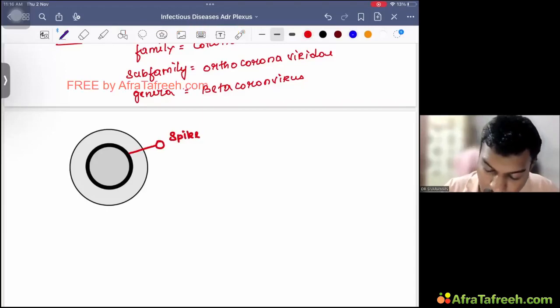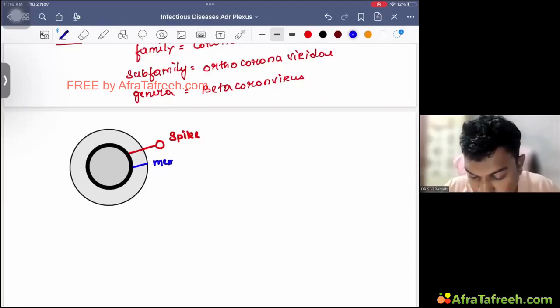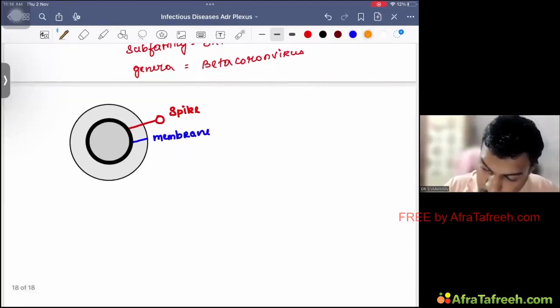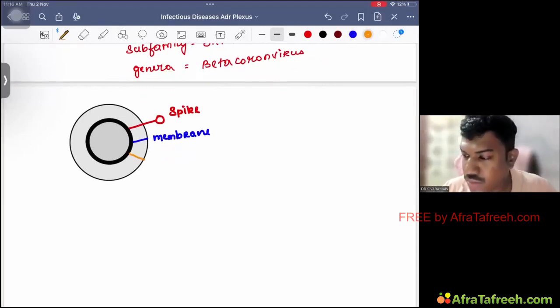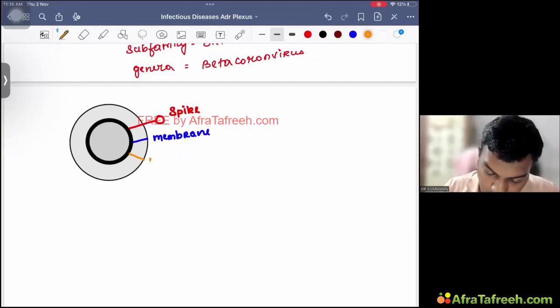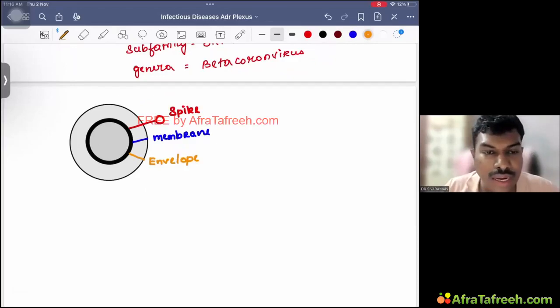And here we have a protein called the membrane protein. Then we have the envelope.